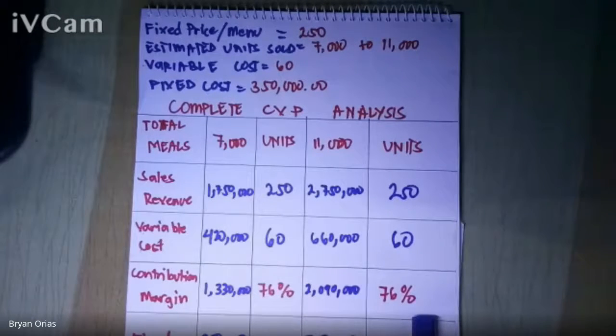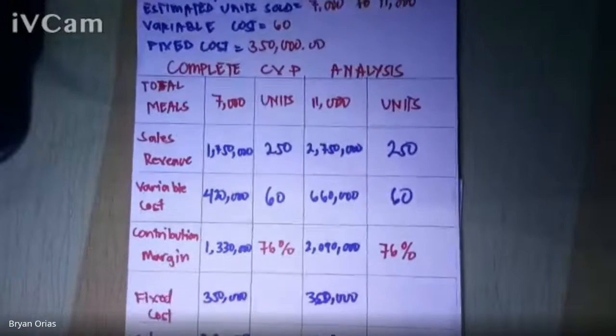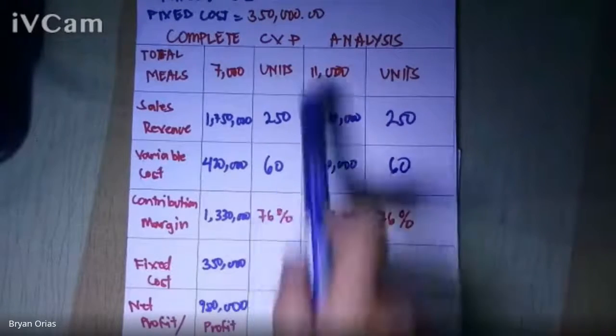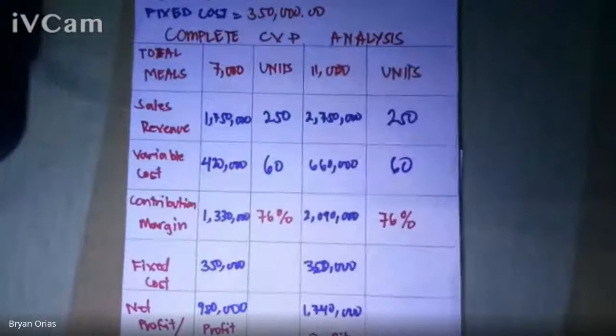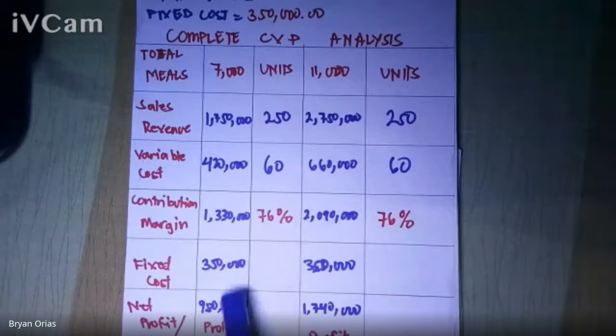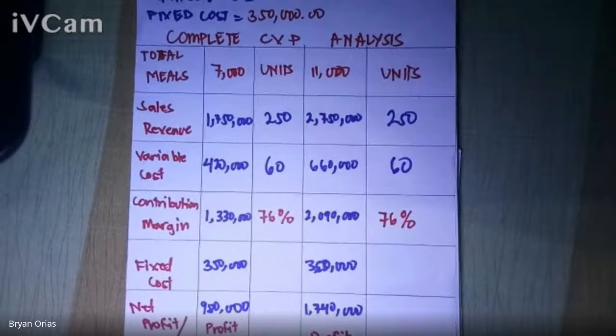Then, our fixed cost is 350,000. Yung 350,000 is already given dun sa ating problem. Para makuha mo yung profit or yung loss, ibig sabihin ng profit, kumita ka. Pag nag-negative po yung end result dito, ibig sabihin, nalugi ka. Nare-review lang po natin yung diniscuss natin with our second chapter.